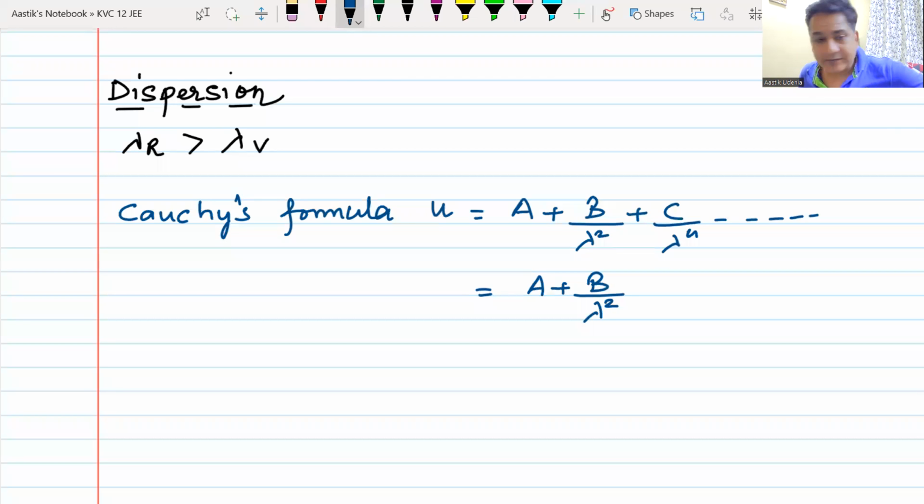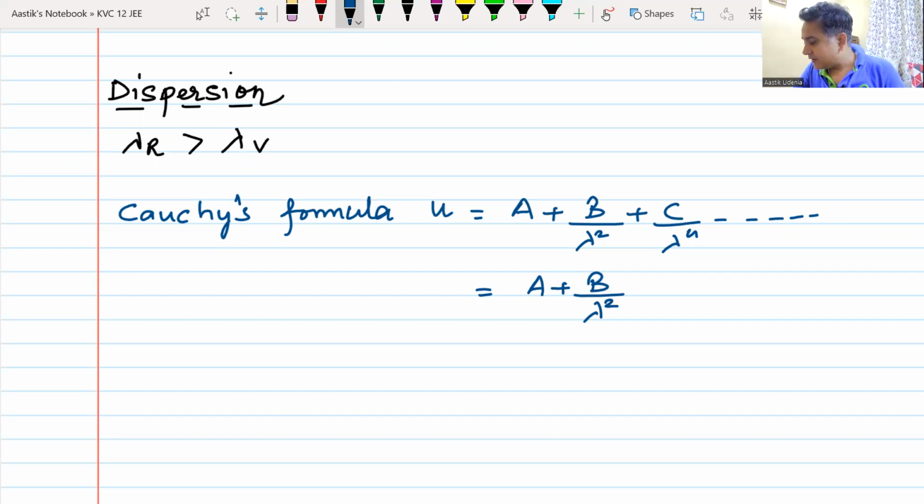When we increase lambda, refractive index decreases. And that is why whenever white light gets refracted, because white light consists of different colors, they will be deviated in a different way. Do we understand this? Yes or no? Yes, sir.